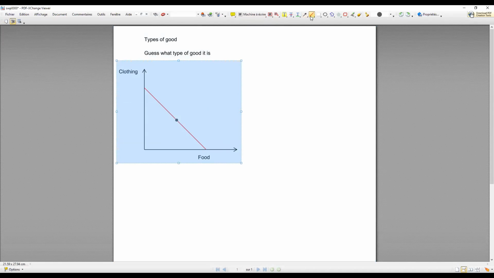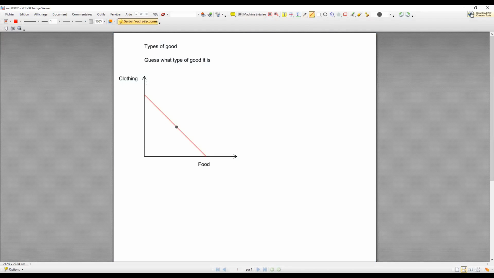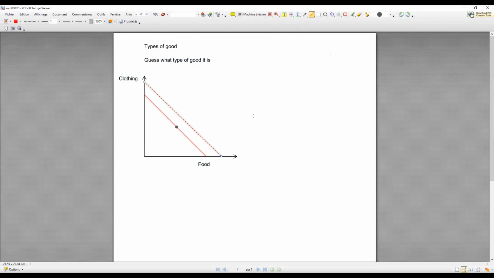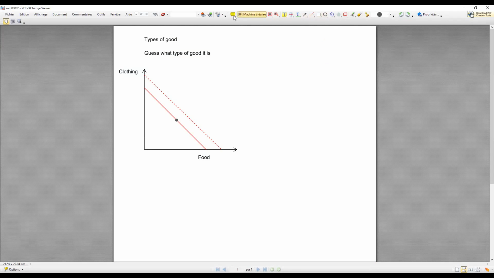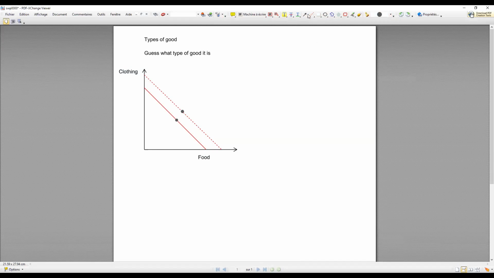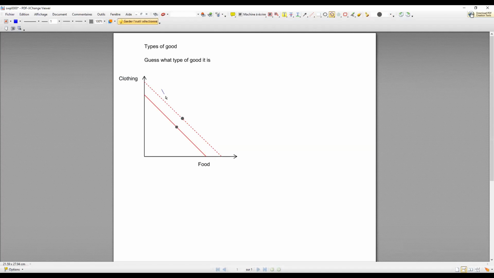So let's start with an easy one. This is my initial budget. Now I have another budget curve. So let's put that in like this, for instance. And my new consumption is here. So my indifference curve must have been something like this.